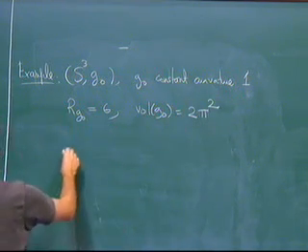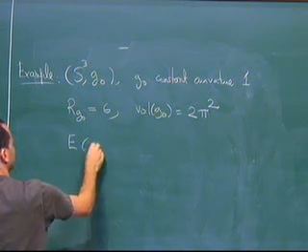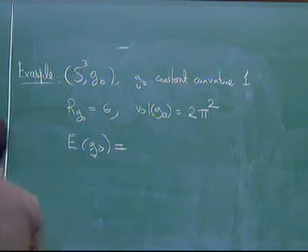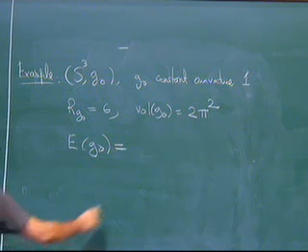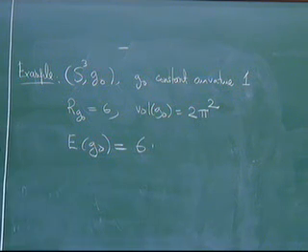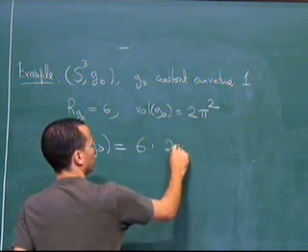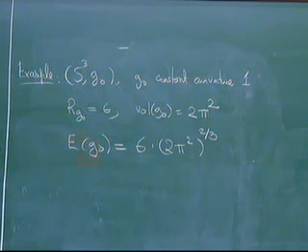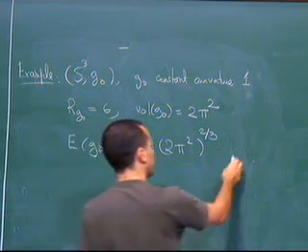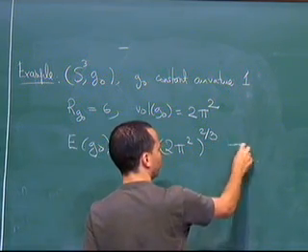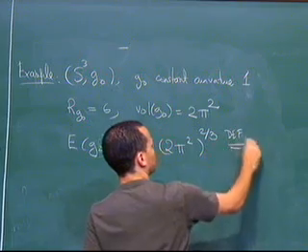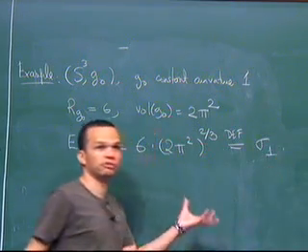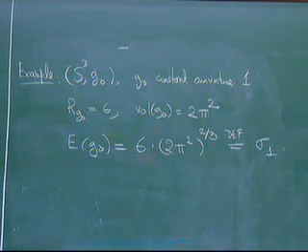So when one computes the energy of G naught, one gets the integral of 6, then a volume term in the numerator and a volume term in the denominator. You get 6 times 2 pi square to the power 2/3. So that's the constant for the round sphere, and this is going to be my definition of sigma 1. Sigma 1 will be the energy of the round sphere.